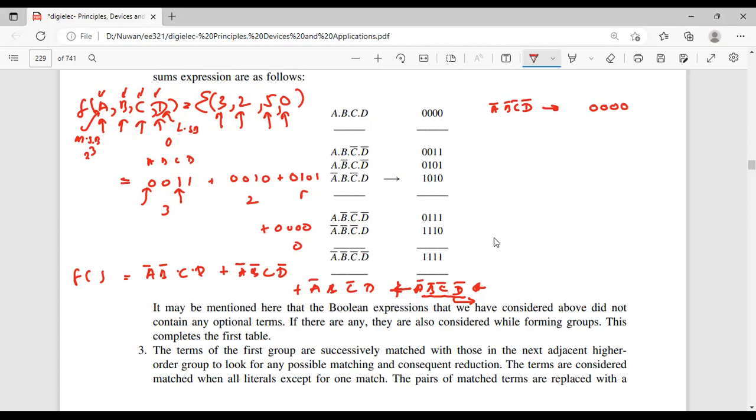And this one has two ones, so you will have A bar B bar C D, which is 0011.